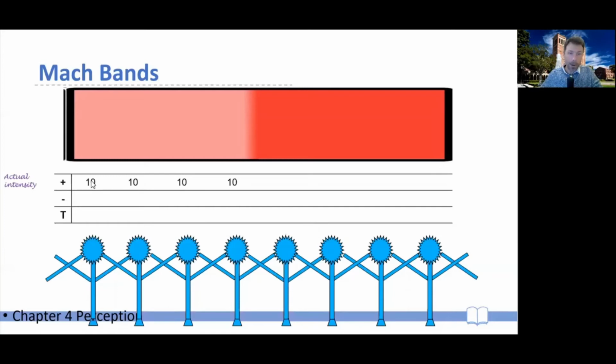So what I'm marking up here is the actual intensity of the red, or rather the actual stimulation of each neuron. So each neuron receives stimulation proportional to how bright the red is. And these numbers are entirely made up. They just work well for the example. So let's say that these 4 neurons, which happen to be on the bright side of the band, are receiving 10 worth of excitation.